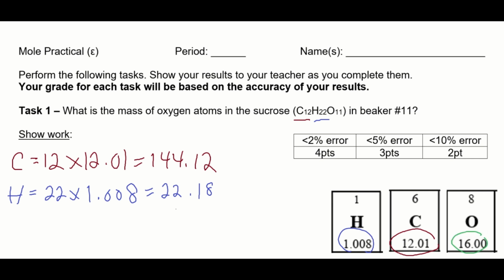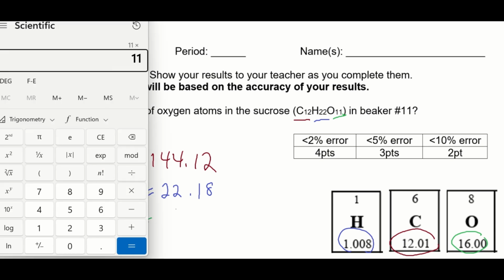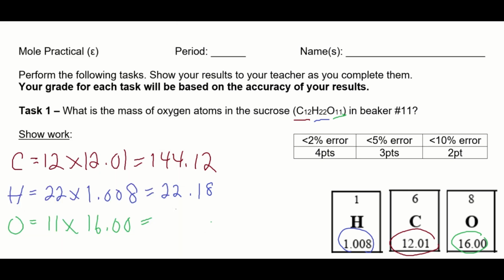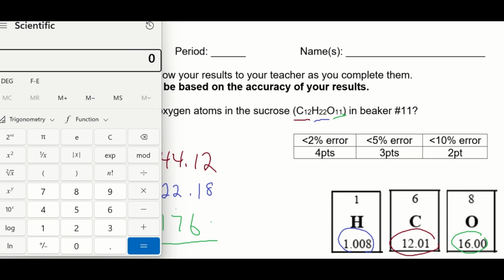And finally, oxygen. From the formula, I can see there's 11 of them in the molecule, and the mass for oxygen is 16.00. 176. So now I'm going to add these up.